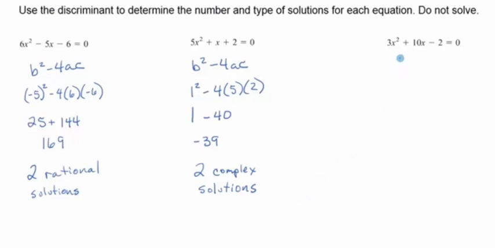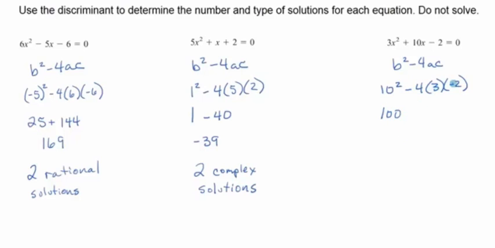And then we have 3x squared plus 10x minus 2. Again, the more times you write this, the better off you will be with remembering it. b squared, we'll have 10 squared minus 4 times a times c. This gives me 100.